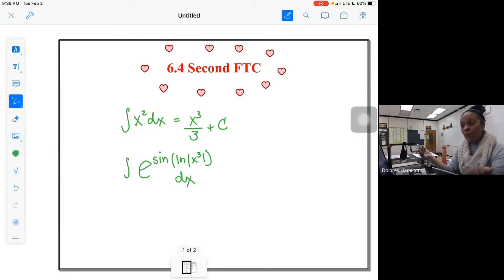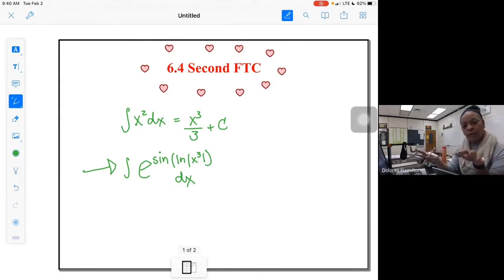Meaning maybe we won't be able to say the function is y equals x cubed over 3 plus c, but we would be able to define our antiderivative just using this notation. Even if I can't antiderive this by hand, that is still a function whose derivative is e to the sine of ln of x cubed.